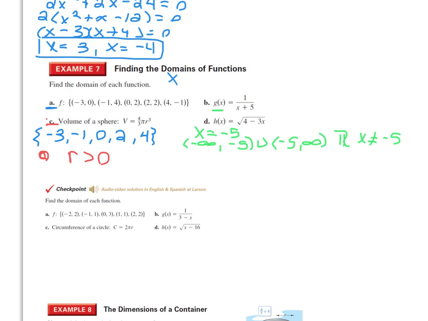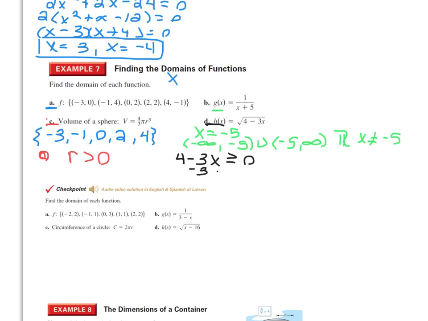Okay, last one. This one here. What we need to think about here is what makes this function illegal. And what makes this function illegal, because we're not going to get into imaginary numbers at this time, is that everything underneath the square root has to be greater than or equal to 0. So 4 minus 3x has to be greater than or equal to 0.